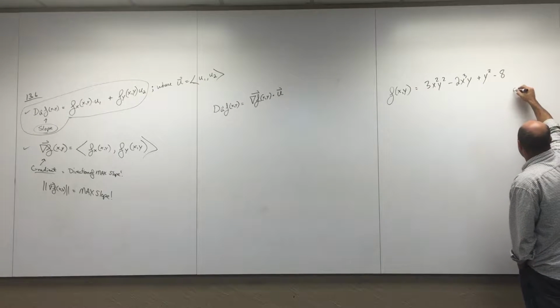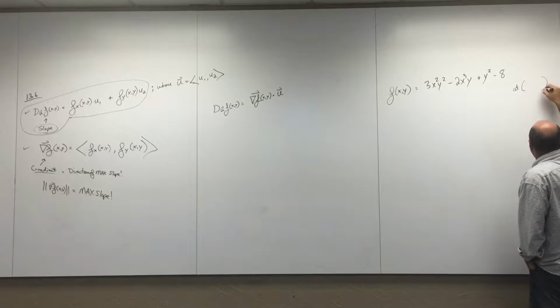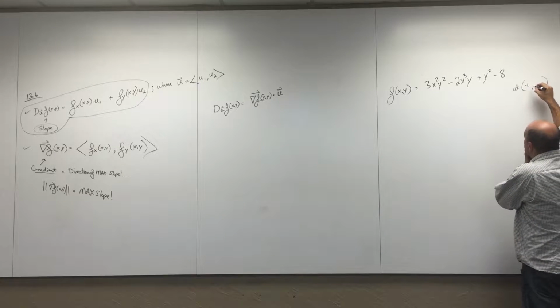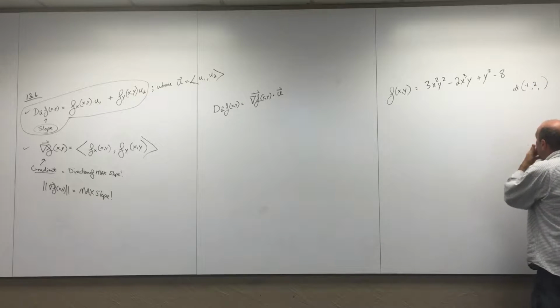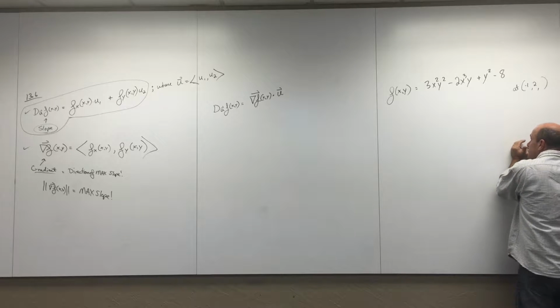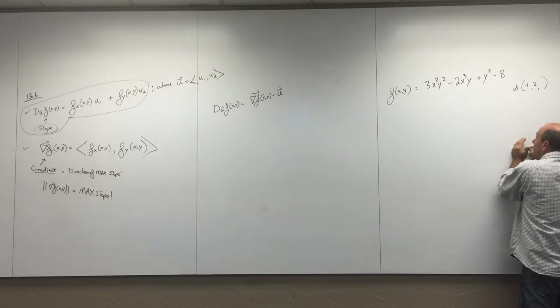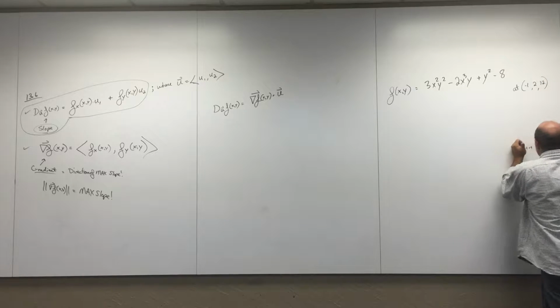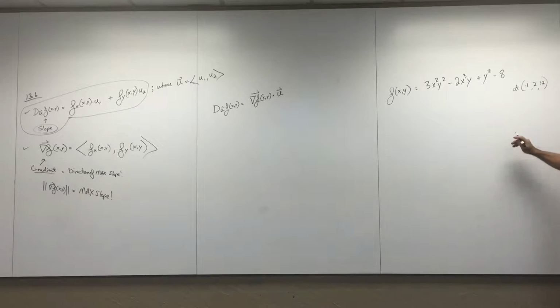Let's say I am at the point (-1, 2), and if I just plug those in real quick, I think it's 12. I just plug those in to get a z value.